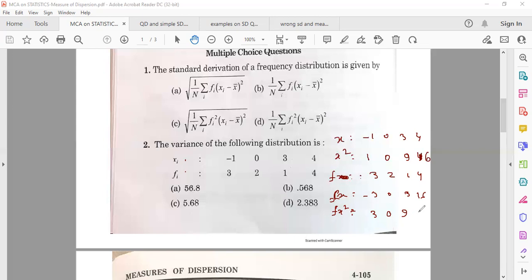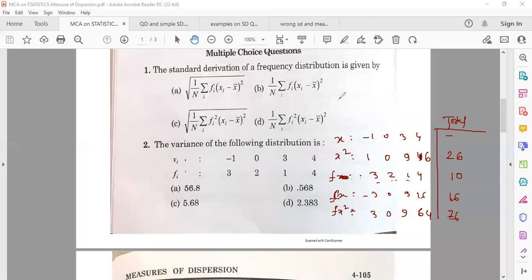If we take the summation totals, x total is not required; summation f is 10, summation fx is minus 16, and summation fx square is 76.